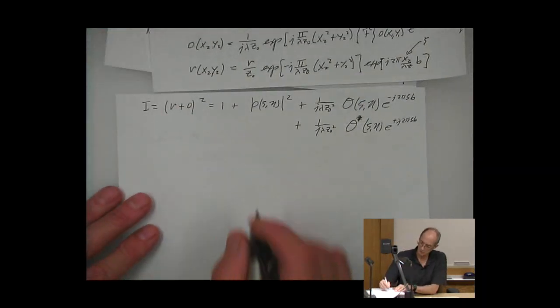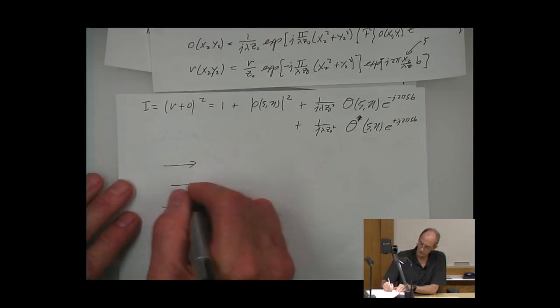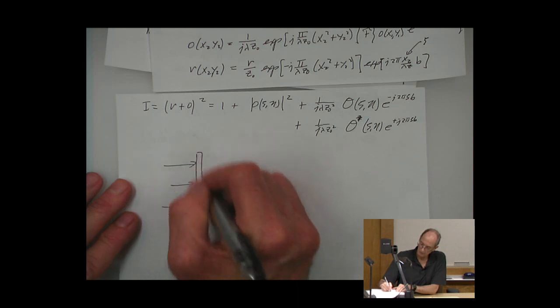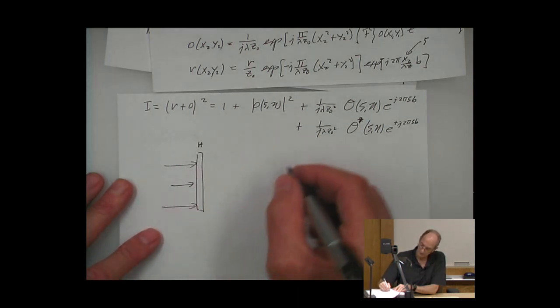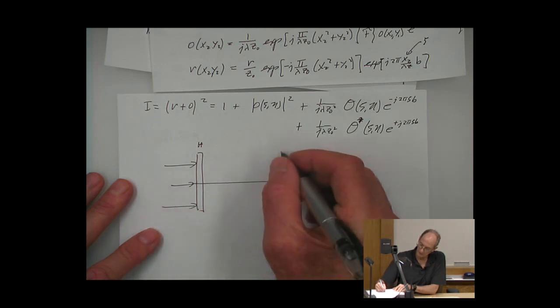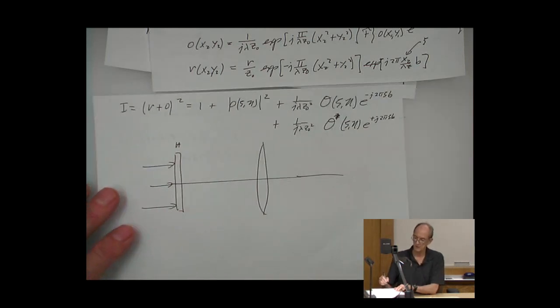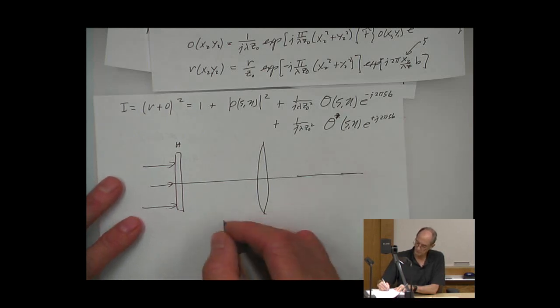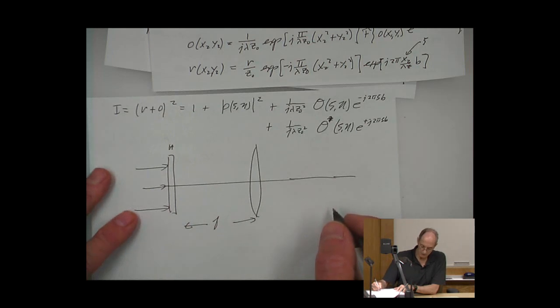Okay, so now when we reconstruct this, so now we cheat, in a sense. Cheating in the sense that it's no longer lensless, all right? So here's the hologram now, and we need a lens here because we don't have anything else to get rid of that quadratic phase, and then we use it in the front focal plane of the lens.